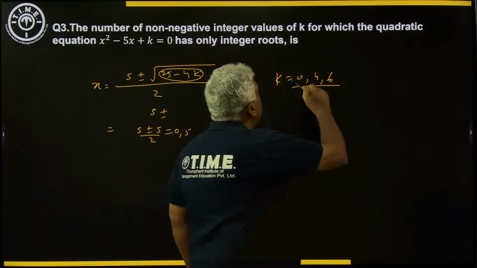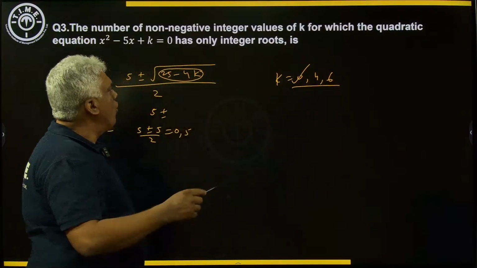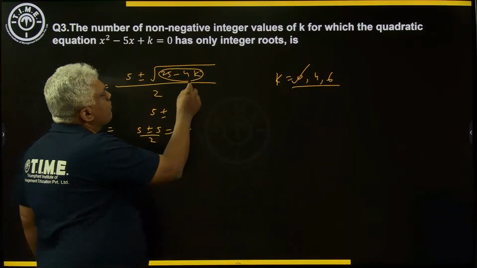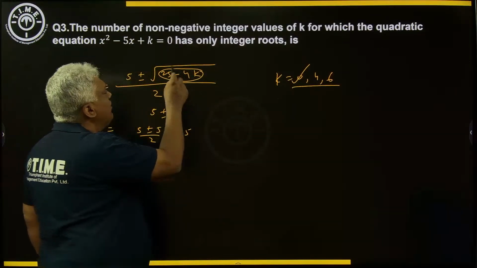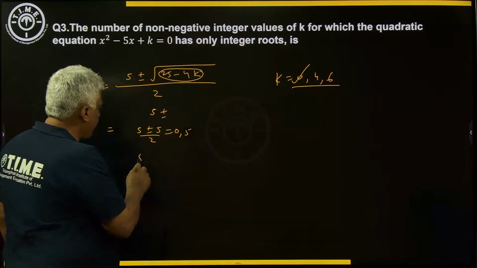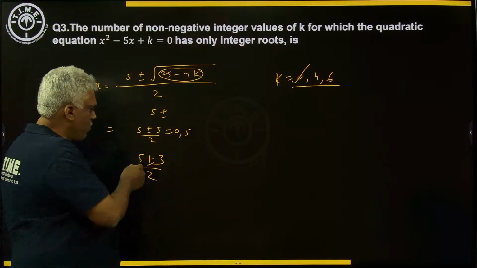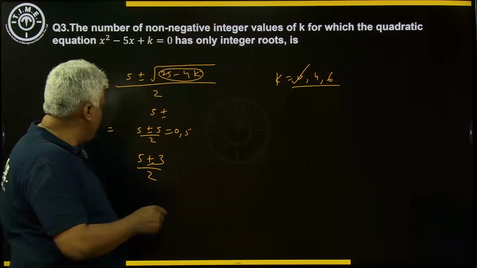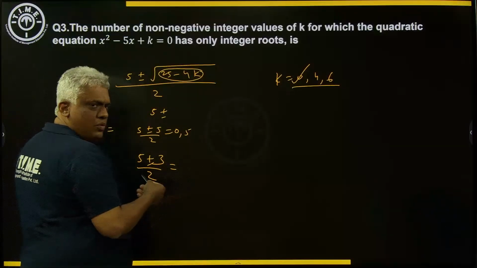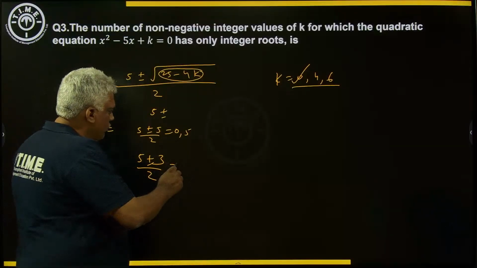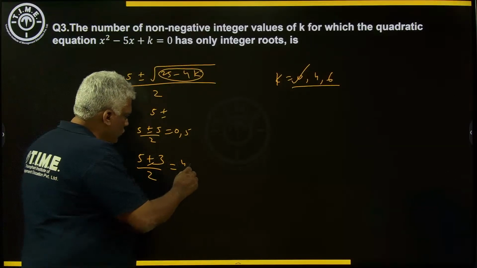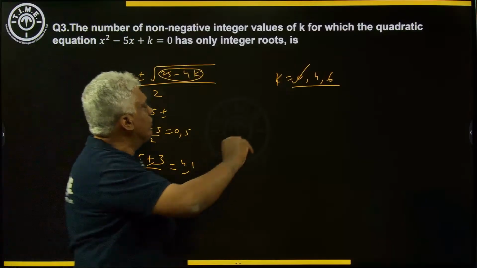So 0 is valid. What about 4? If you put 4 here, 25 minus 4 into 4, 9, right? The square root is 3. So it will be 5 plus minus 3 by 2. Both are odd numbers, so odd plus odd or odd minus odd will be even. So both answers will be even, right? Actually, it will be 4 and 2 by 2, 1, right? Okay, integers, so that is also valid.